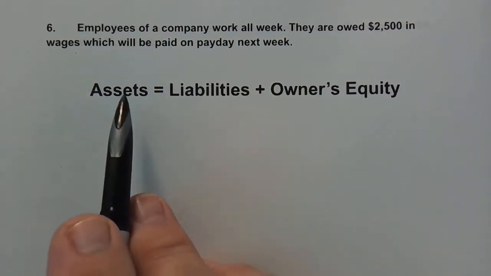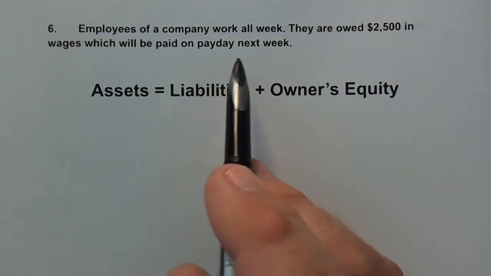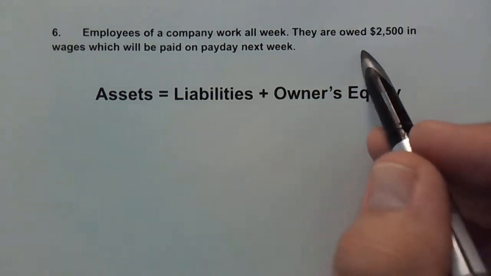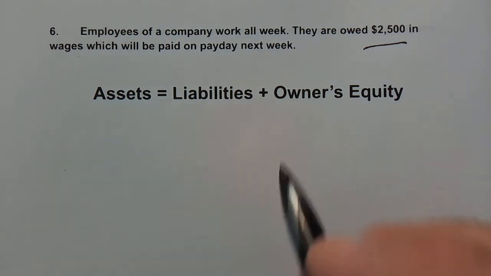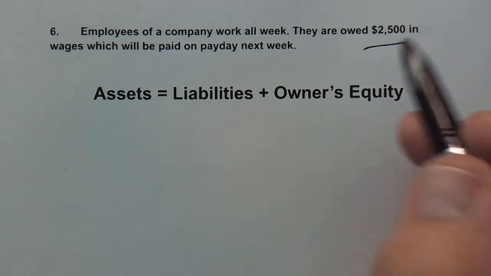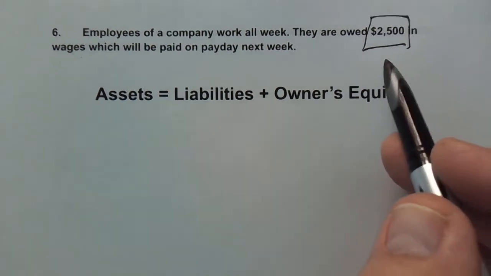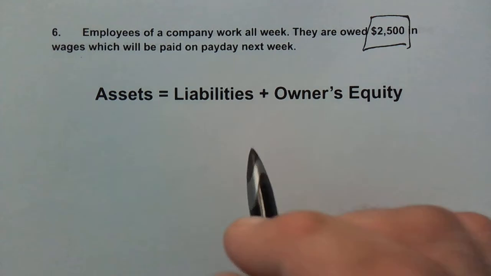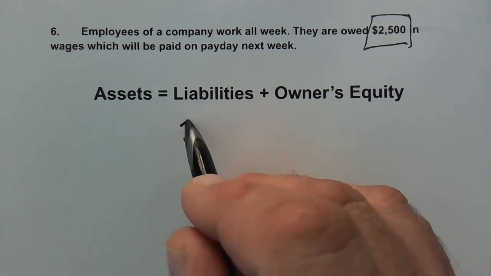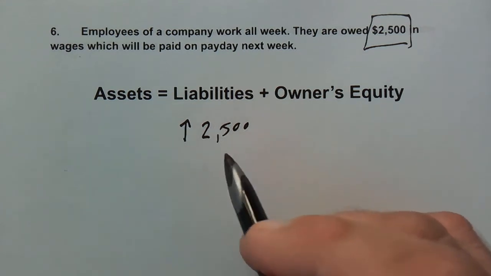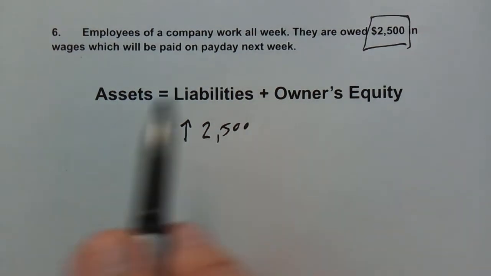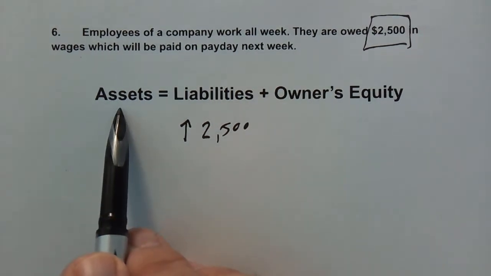In this one, employees of the company work all week. They are owed $2,500 in wages, which will be paid on payday next week. So let's look at how that works as of today. We have $2,500 that is owed to the employees. That means our liabilities have gone up $2,500, an increase in liabilities. They haven't paid it, and they're not going to pay it until next week.